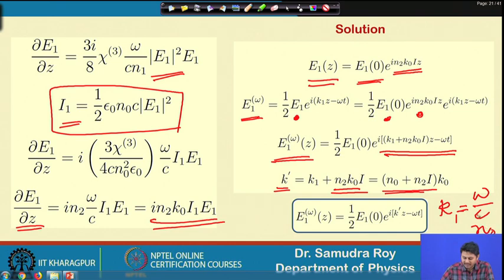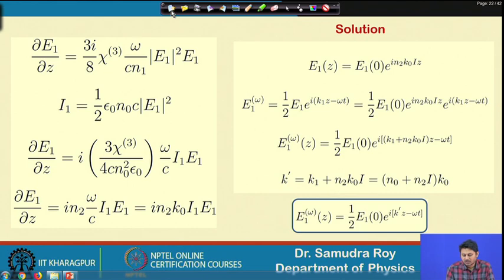So, omega by c is k0. So, if I take k0 common, it is n0 plus n2 I multiplied by k0. So, this refractive index change multiplied by k0 is our new phase. So, this is our solution, this is our new phase. So, what I find is that only the phase of these things is going to change. When I calculate the entire thing, we find that only the phase of the electric field is going to change because of this Kerr effect, which is called self phase modulation.